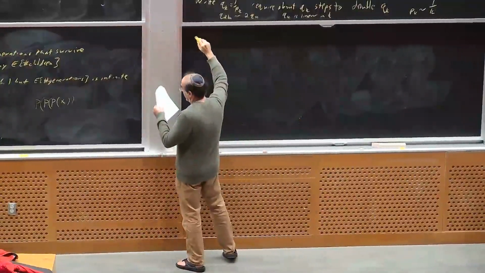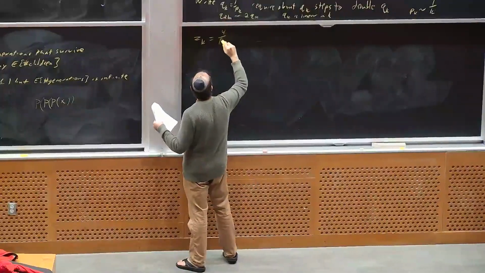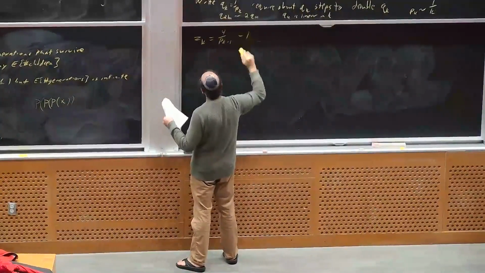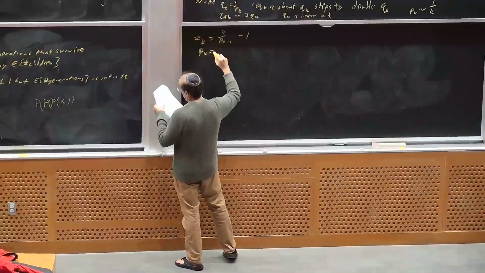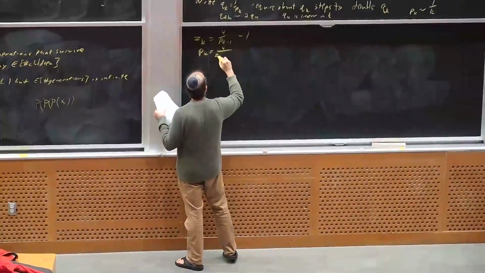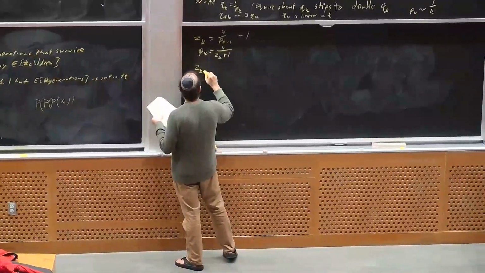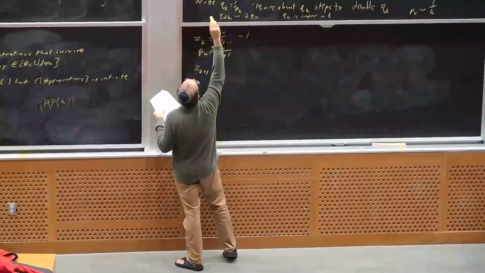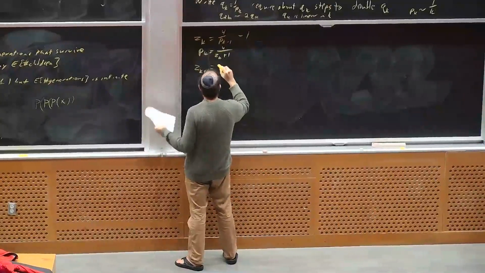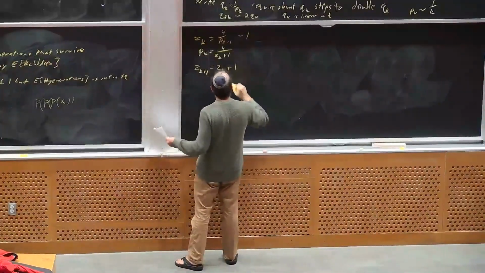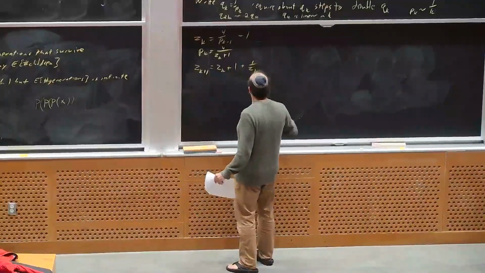So I'm going to write zk, and now I'm just going to show you what works, as 4 over pk minus 1, which means that pk is 4 over zk plus 1, which means that if you plug in zk into the pk recurrence, you discover that zk plus 1 is equal to zk plus 1 over zk.